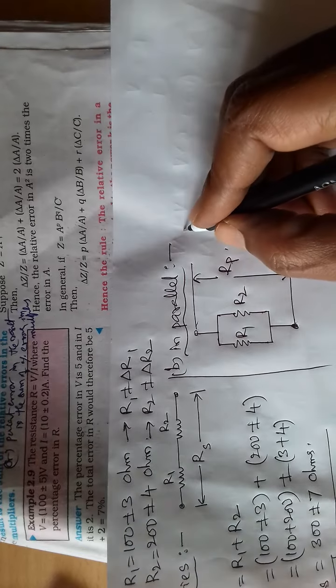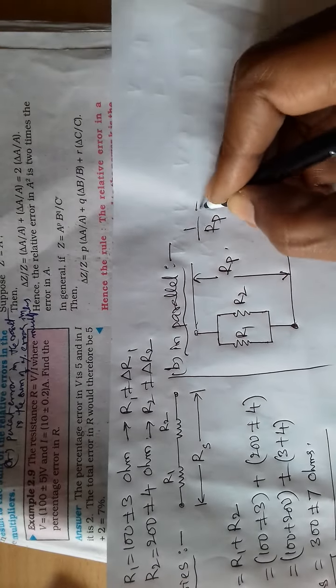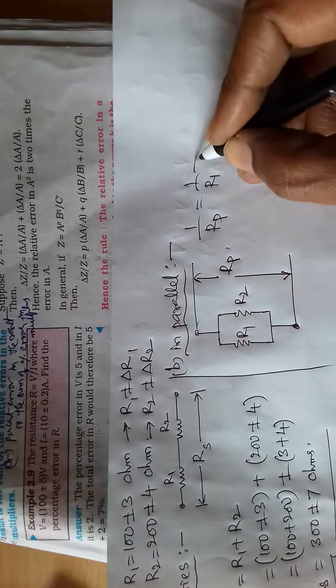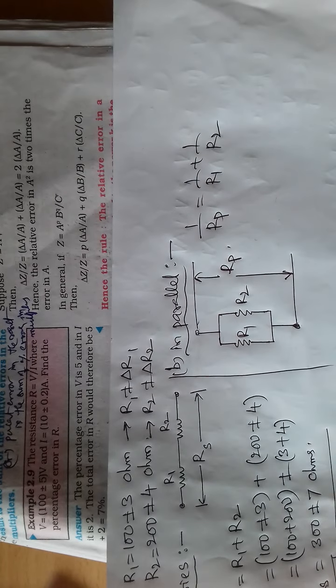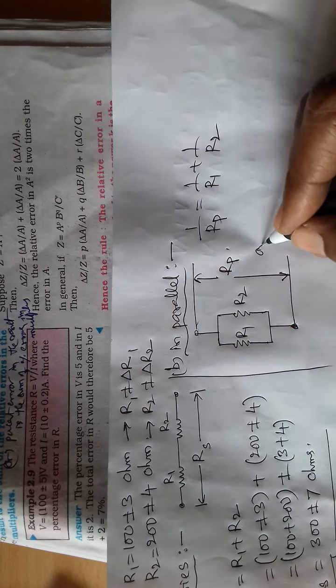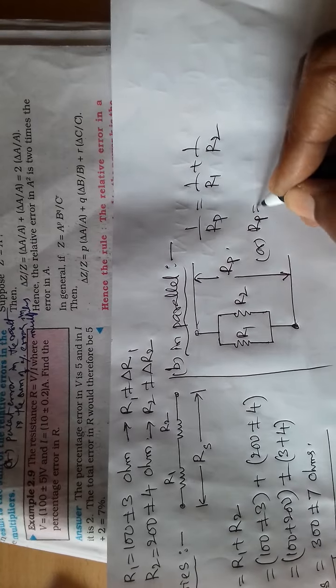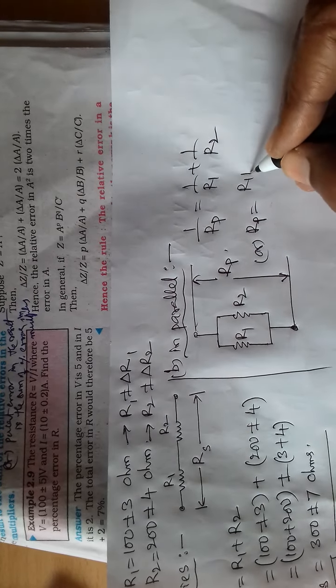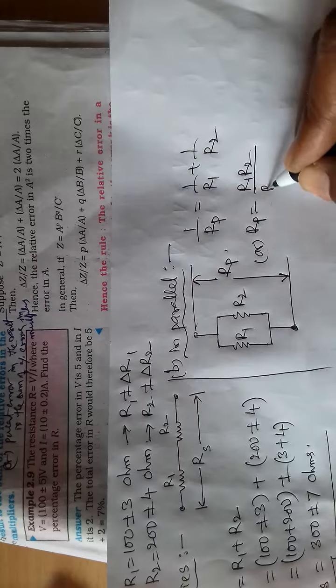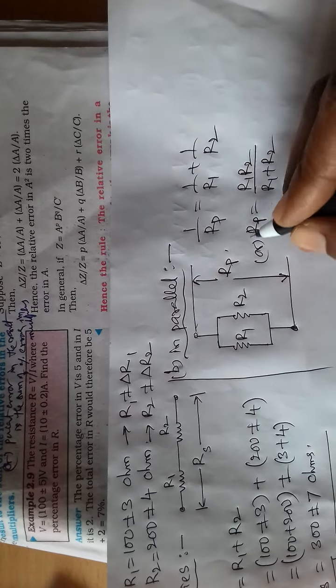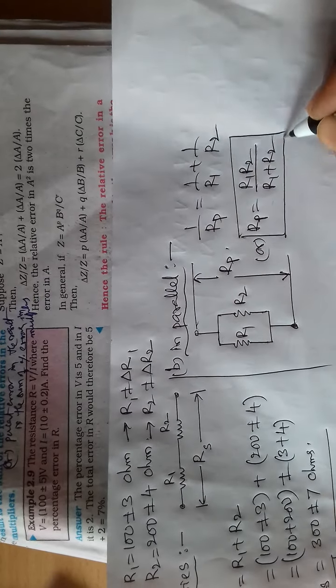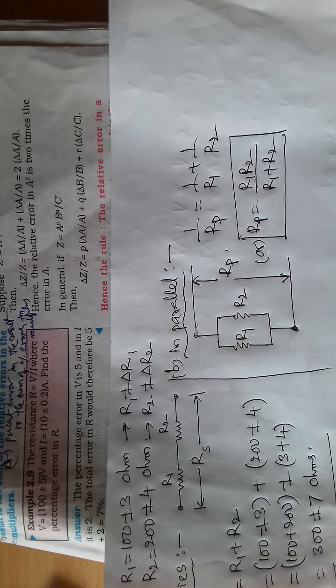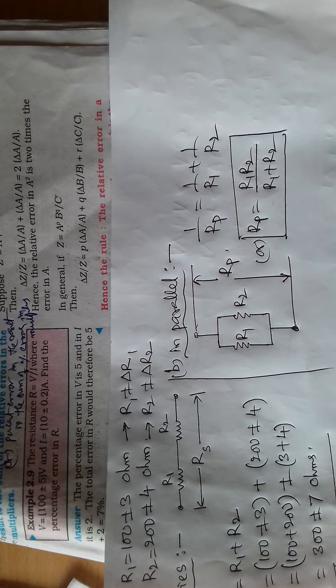That is, 1 by Rp is equal to 1 by R1 plus 1 by R2, or Rp is equal to R1 R2 by R1 plus R2. In this way, we find the resultant resistance of the two resistors.